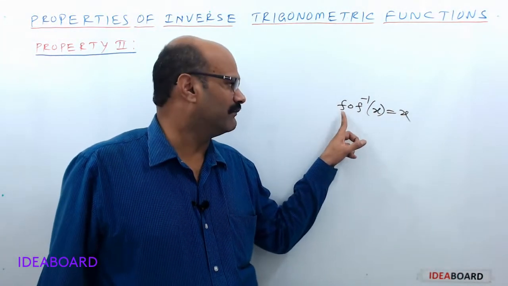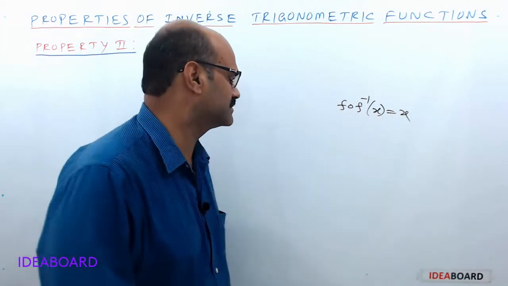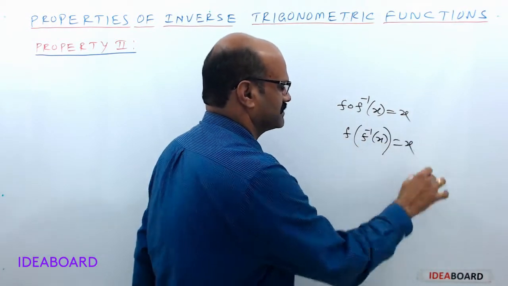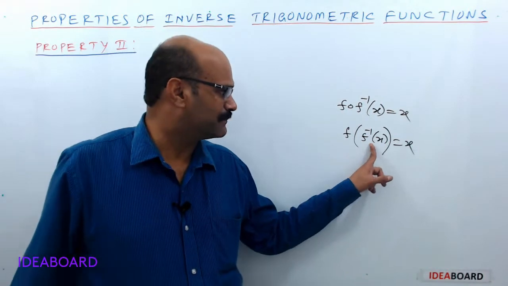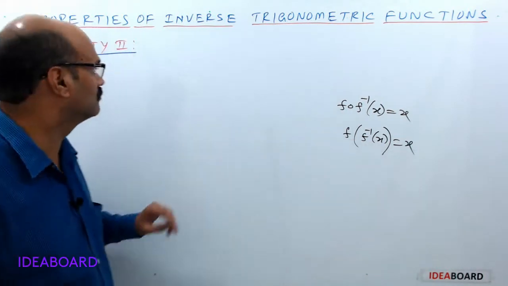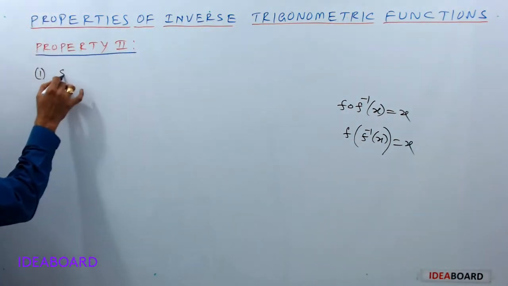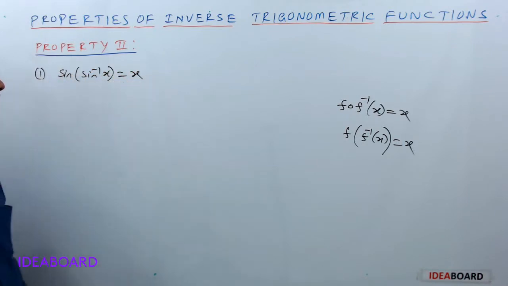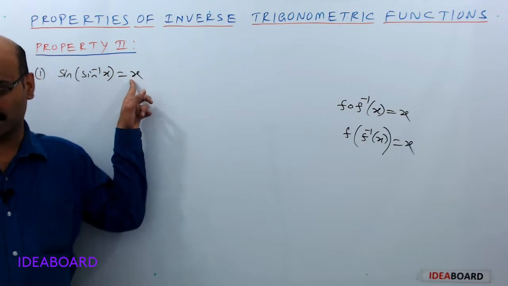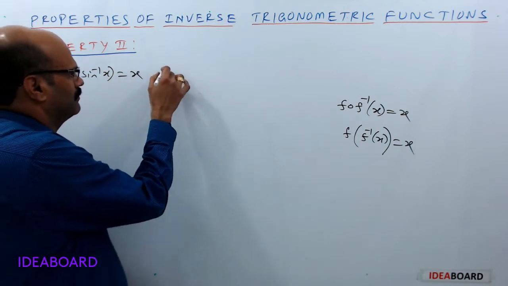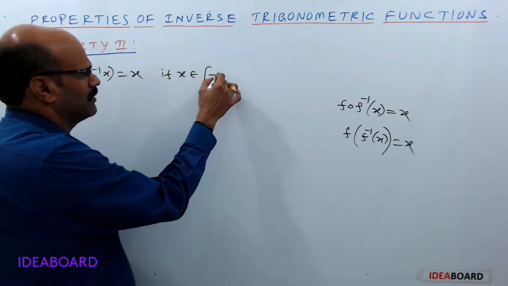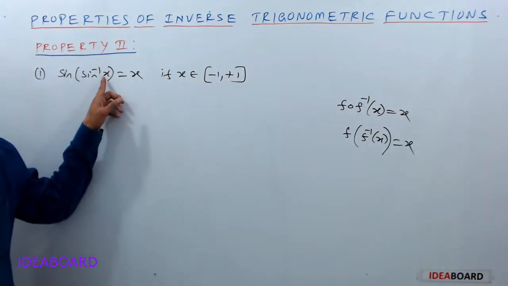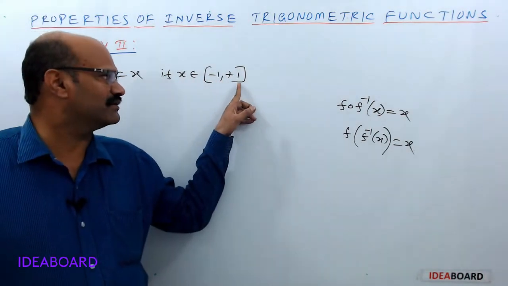By using this property, we can write now: 1, sin of sin inverse of x equal to x if x belongs to minus 1 to plus 1, the value of x must be lying in the closed interval minus 1 to plus 1.